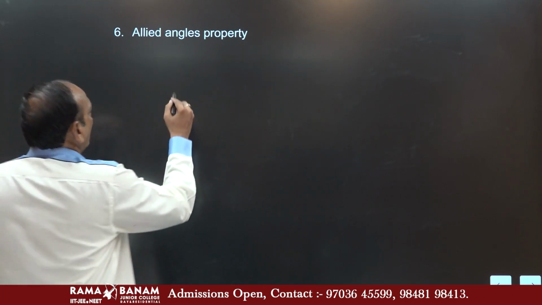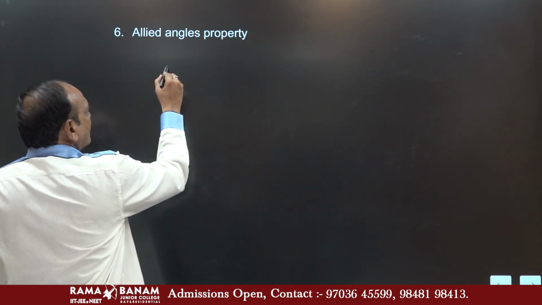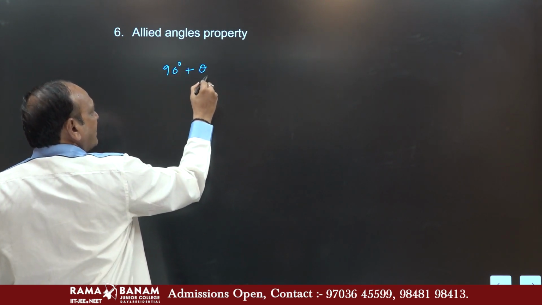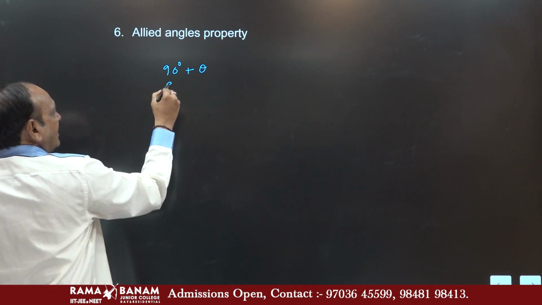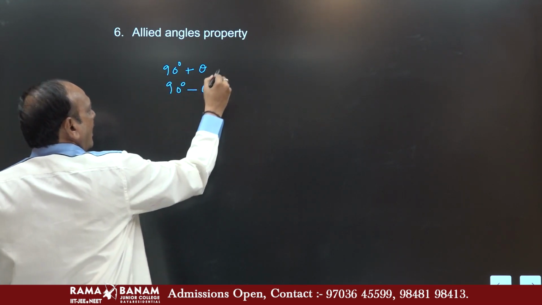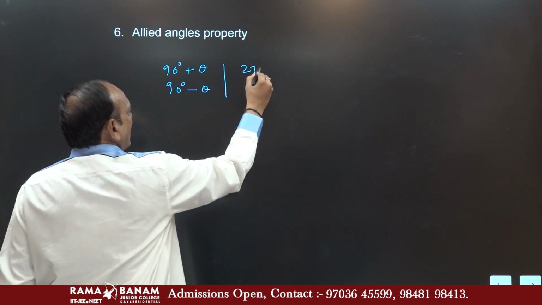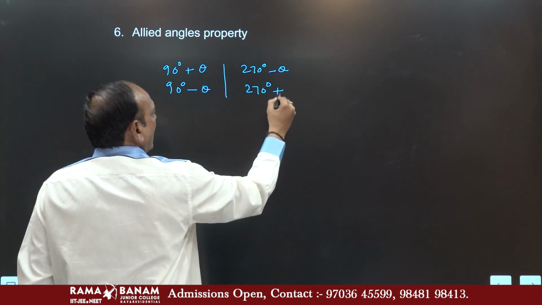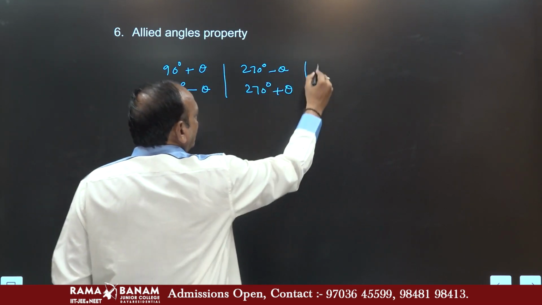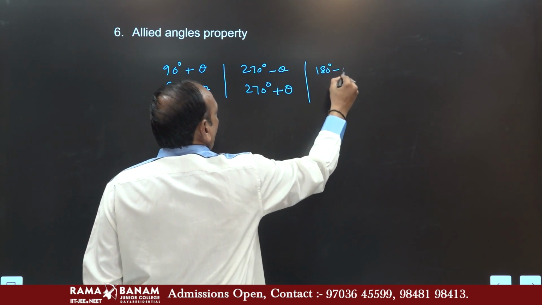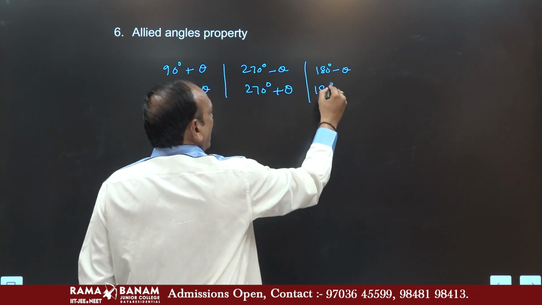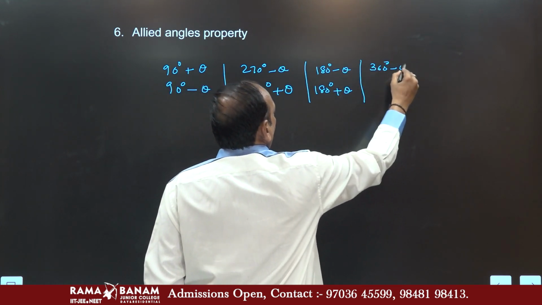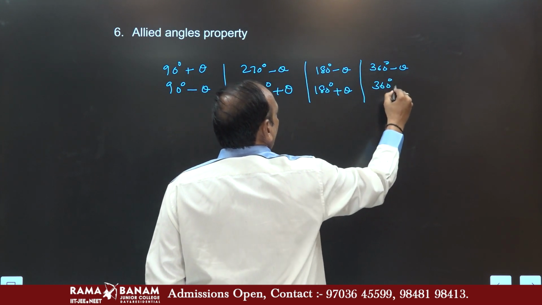That means I am teaching the concept of allied angle addition and subtraction: 90 plus theta, 90 minus theta, again 270 minus theta, 270 plus theta, and again 180 minus theta, 180 plus theta, again 360 minus theta, 360 plus theta.